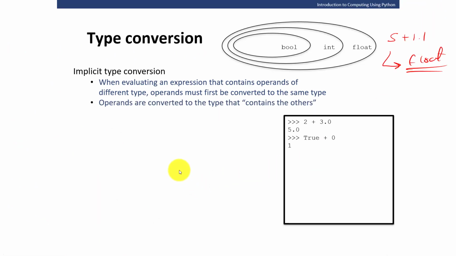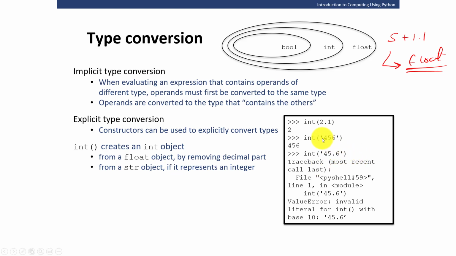Now, we can also convert the variable or the value by explicitly invoking the constructor itself, okay? Suppose I would like to convert 456, which is a string, to an integer.